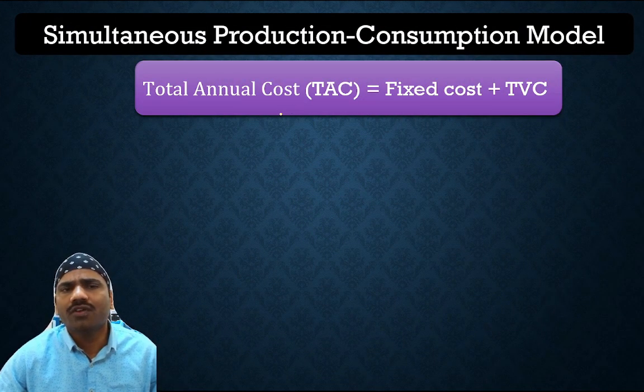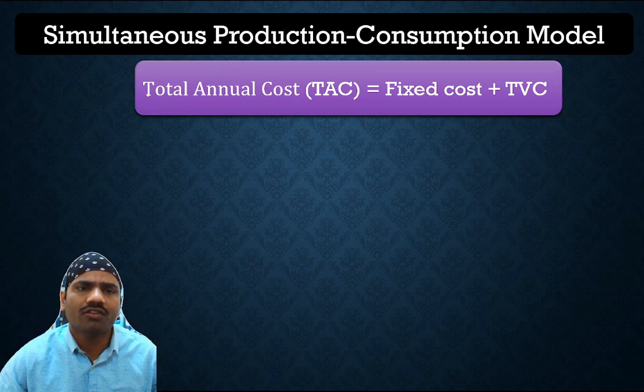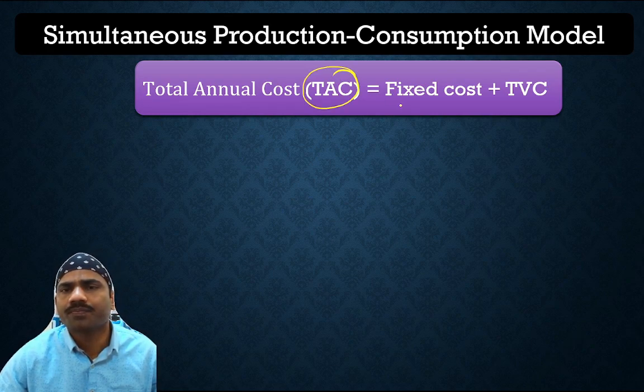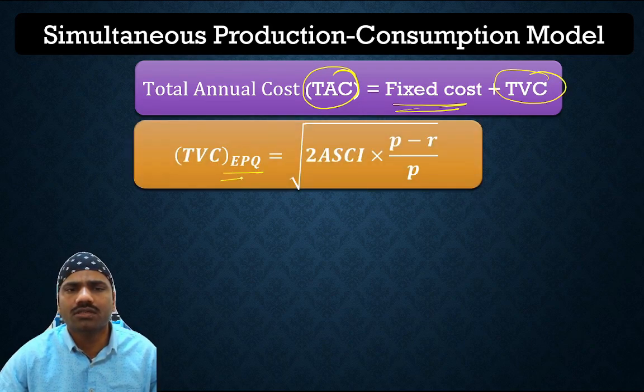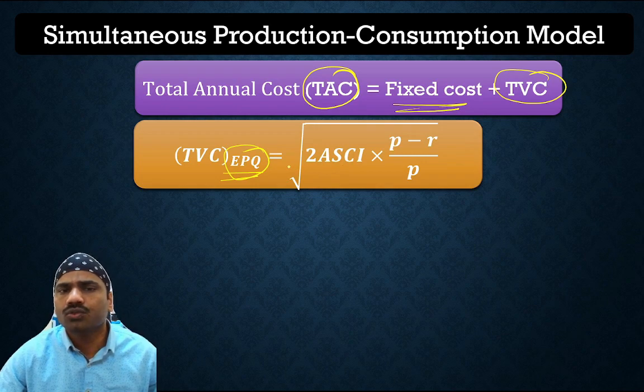We can find some other parameters in the same way as in the earlier model. We can find the total annual cost, which is fixed cost plus total variable cost. The total variable cost at economic production quantity we can find by this particular expression, using annual demand, setup cost, inventory carrying cost, production rate, and consumption rate.